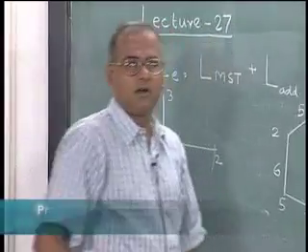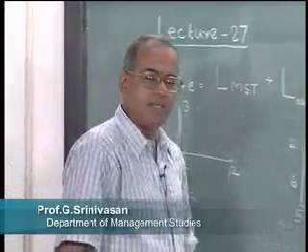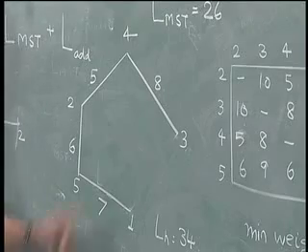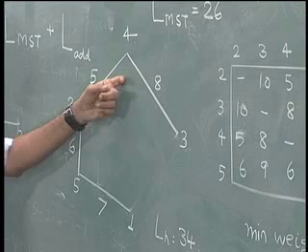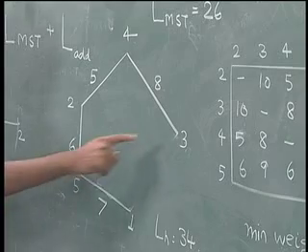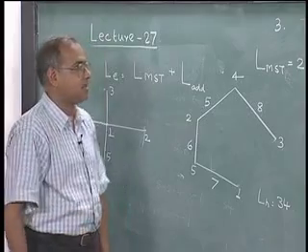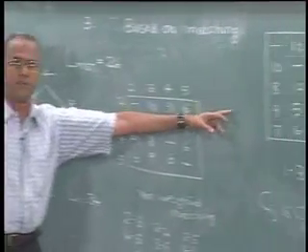So, the sum of the degrees of the vertices is an even number, and because of that, the number of vertices that have odd degree is even. So, in this case there are 2 vertices that have odd degree. We could have a case where 4 vertices have odd degree, because we are considering a 5 by 5 problem.